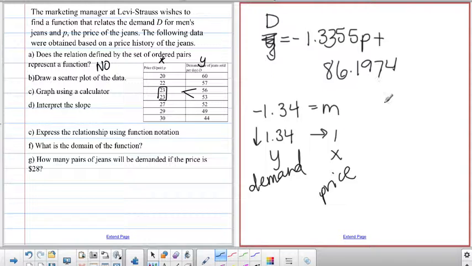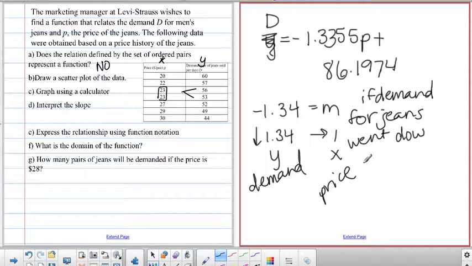Basically, if we're looking at rise over run, and looking at the y first, we say if demand for jeans went down 1.34 pairs per day, then would the price decrease by $1, or would it be increased by $1?